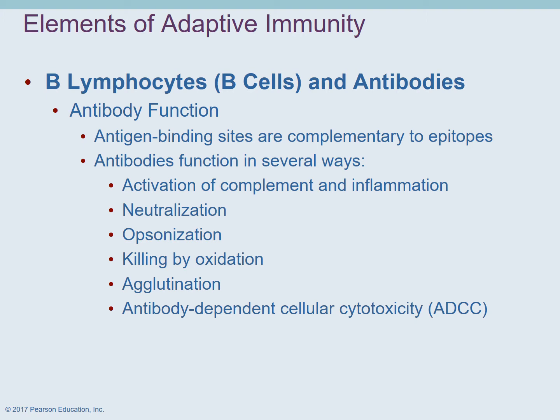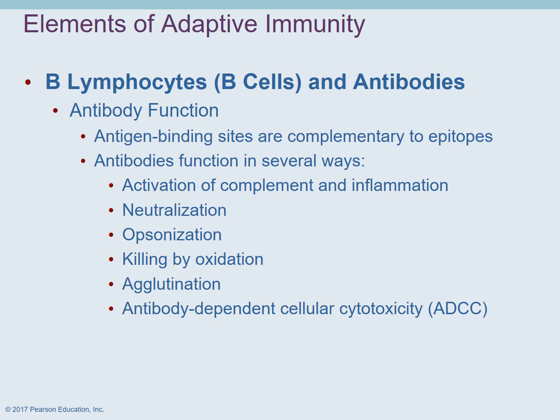What is the function of the antibody? Why do we have it? They're made in response to this foreign invader. Antibodies have several different functions. When they bind with the antigen, they can activate that complement cascade process that we talked about in the previous chapter.